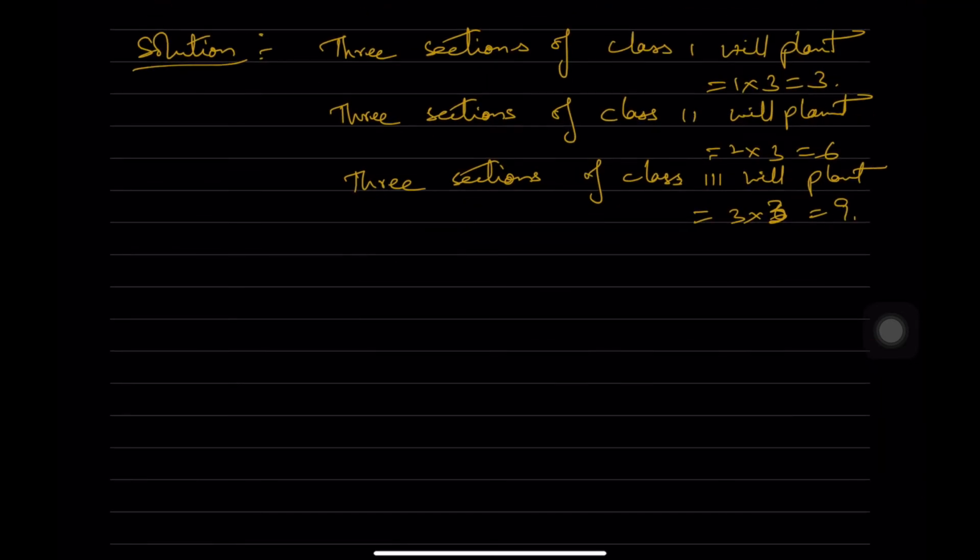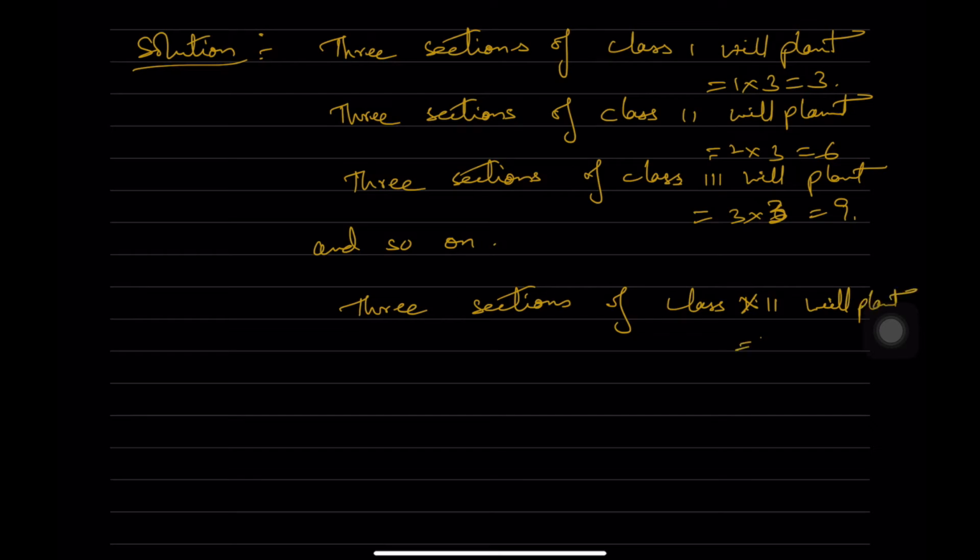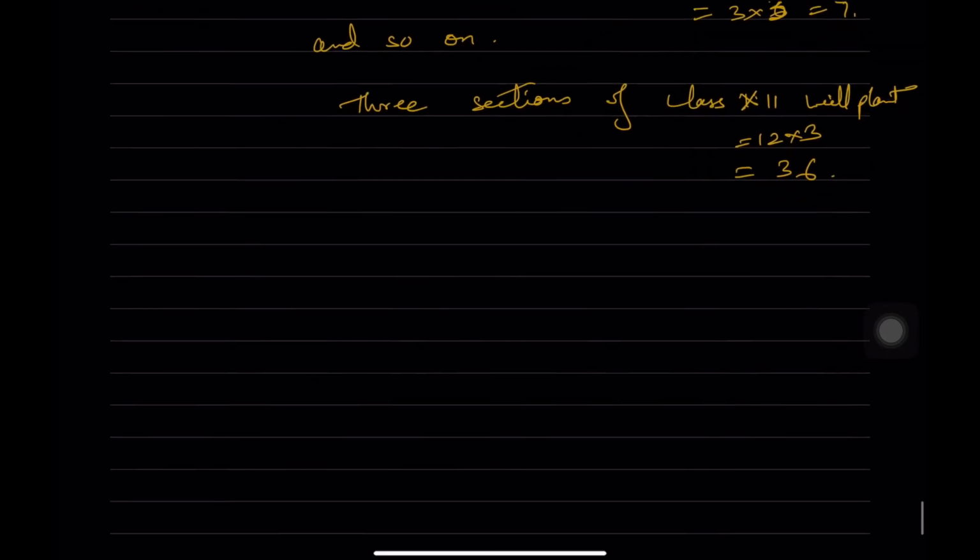And so on. 3 sections of class 4 will plant 4 into 3, 3 sections of class 5 will plant 5 into 3, and so on. The last one is 3 sections of class 12, which will plant 12 into 3, which is equal to 36.